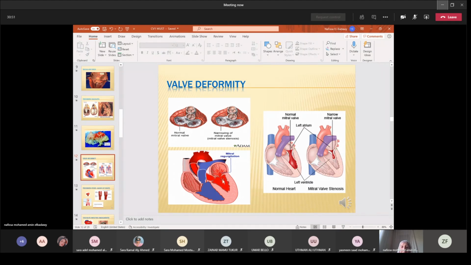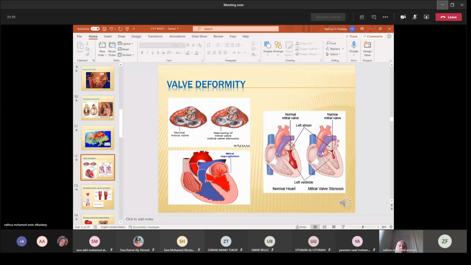Or it becomes stenosed and the blood passes slowly from one chamber to the other. It does not pass smoothly, it passes slowly as drops. It does not pass easily like here in the normal mitral valve. It passes as drops of blood from the atrium to the ventricle.